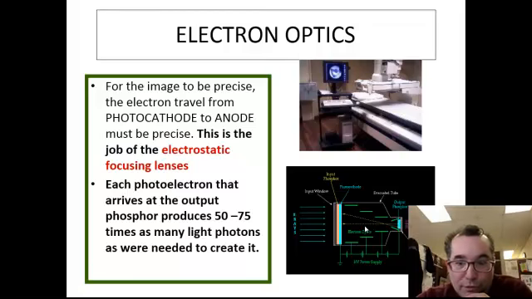So what we also need to do here is we need to take those electrons and really get them to move quickly across the tube. And the way we do that is add our potential difference, which is our kV, but then we're also going to focus them onto this output phosphor, and we utilize what's known as electron optics, right?